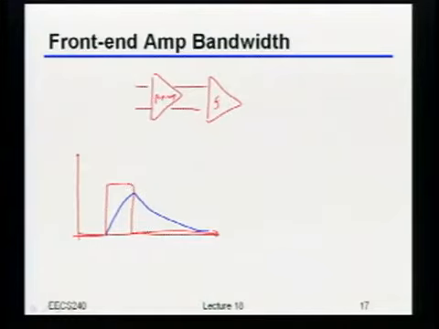Okay, so now as an example, let's say that this front-end amplifier has a certain tau, meaning it has a certain bandwidth omega. Remember, this right here is the bit time, right? So let's say that I set my whole thing up so that the bit time is 2.3 tau.